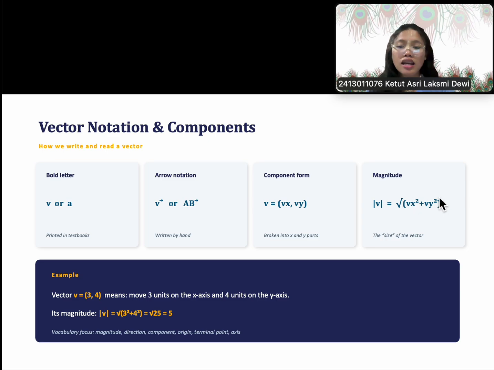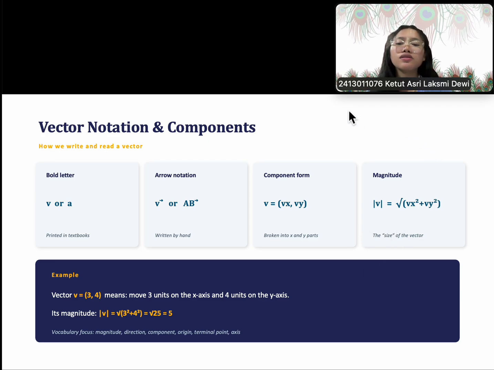And the fourth, to find the size of a vector, we use the magnitude formula: the square root of x squared plus y squared. For example, a vector with 3 units along the x-axis and 4 units along the y-axis.